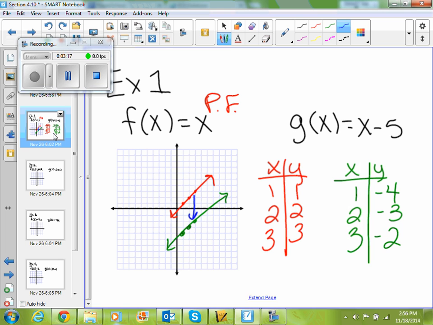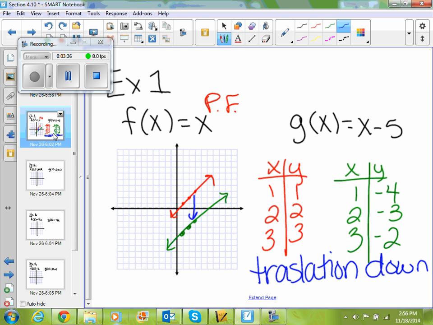Did I do a rotation, a reflection, or a translation? Translation, perfect. All I did was move it. Did I move it up or down? And how many units did I move it down? 5. Minus 5 tells me I'm moving it down 5. So translation, down 5.